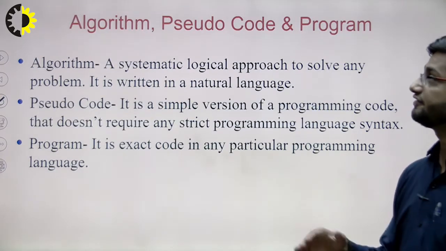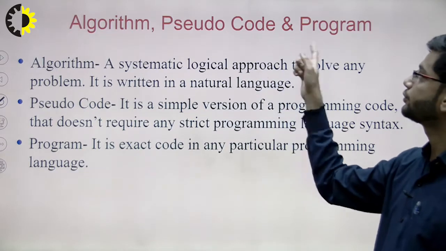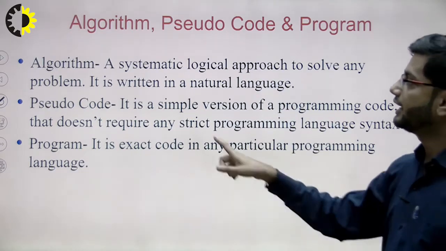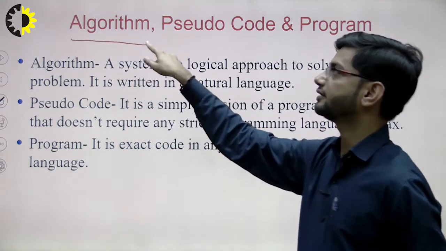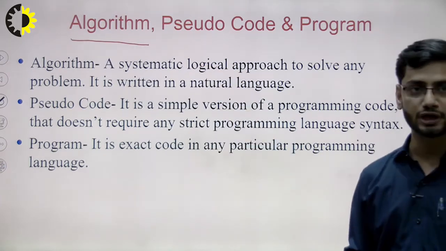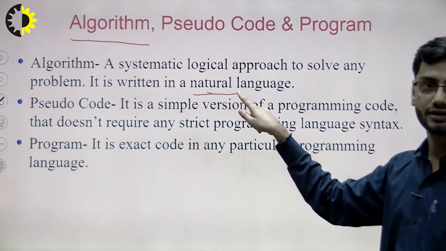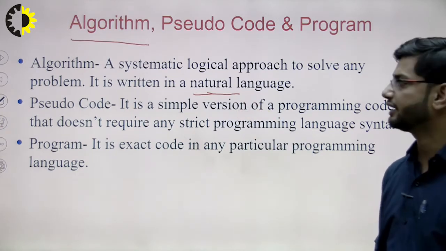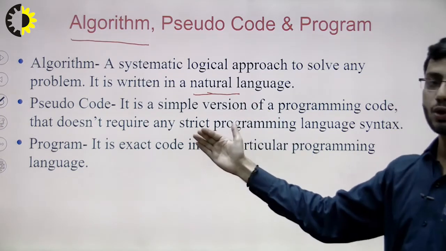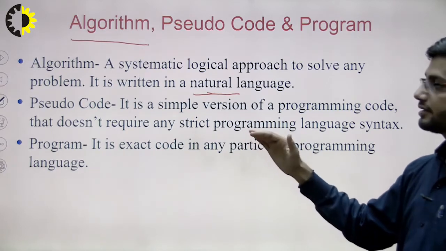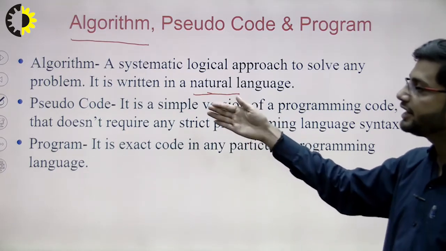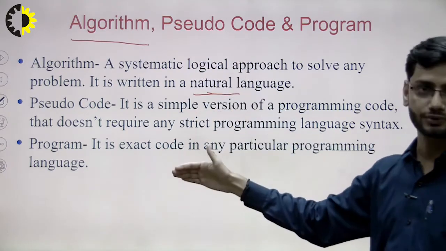Now what is the difference between algorithm, pseudocode and program? Algorithm is a systematic way to solve a particular problem, and it is written in natural language, English or any natural language, while pseudocode can be said an intermediate between algorithm and program.